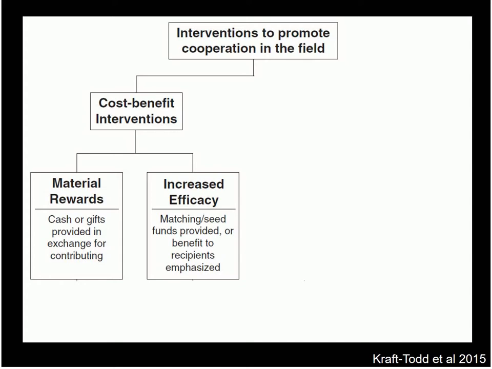But there's a ton of studies in this vein, and there are a lot of them that show these kinds of things working, but there's also a lot of studies that find these kinds of interventions not working. Particularly with material rewards, there are also findings showing that material rewards can actually backfire, and people are less prosocial when they're getting rewarded for it than if they're not.